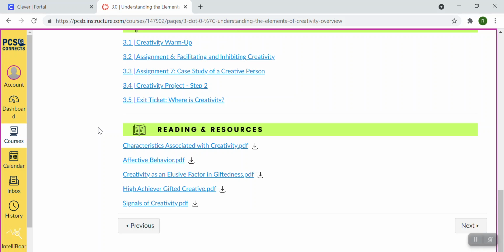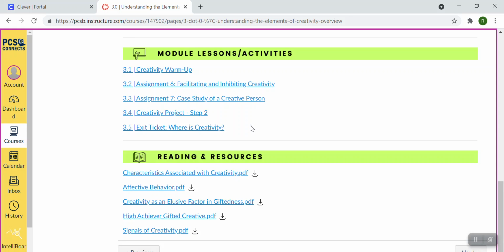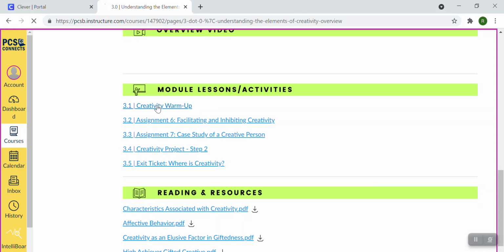I would highly suggest that you read through them, that you take a look at them, that you be familiar with them, because although they may not be relevant to the exact activity or assignment for this week, they may be really relevant for you when you go apply this later on in your classroom and what you've learned with Gifted. Okay, so let's start with our creativity warm-up.